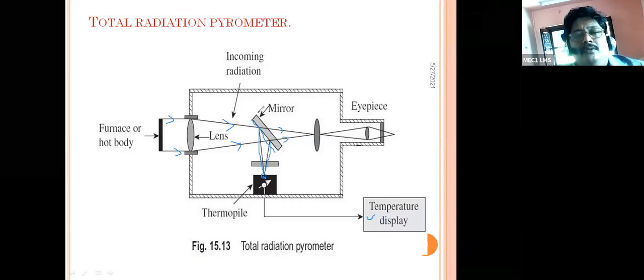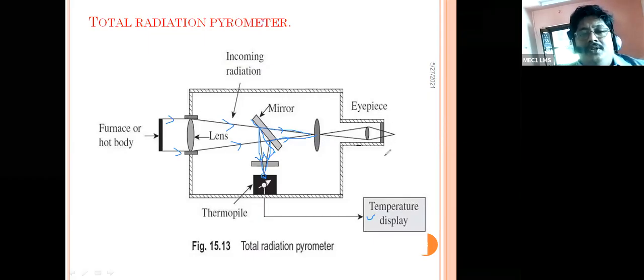One minute, some disturbance is coming on my monitor. These are the radiations, right? Whatever radiations fall here, it will reflect and converge at one point. Then some of it falls and converges on the lens, and from this lens, with the help of the eyepiece, you can observe it.